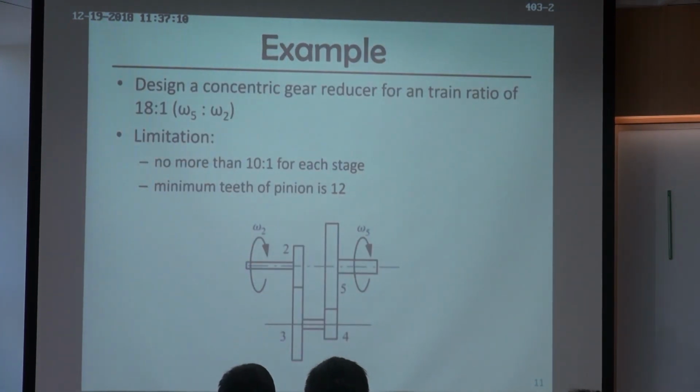So let's take a look at an example. In this example, the teeth number is not given. It's asking us to design a concentric gear reducer with a train ratio, or gear ratio, of 18 to 1 when omega 5 is compared with omega 2.